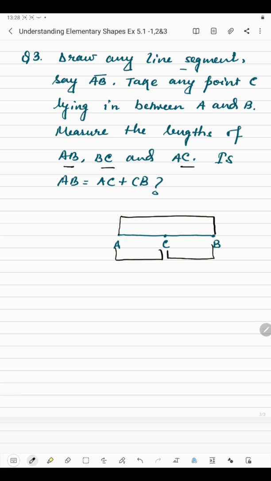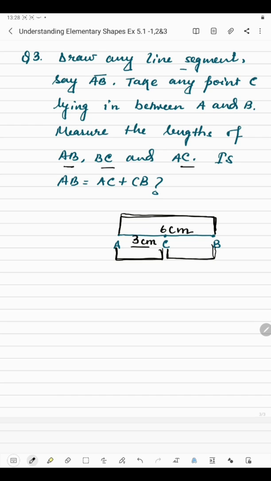Now suppose the length of AB is, say, 6 centimeter. Now the length of AC, say 3 centimeter. Now can you tell me what is the length of BC or CB?